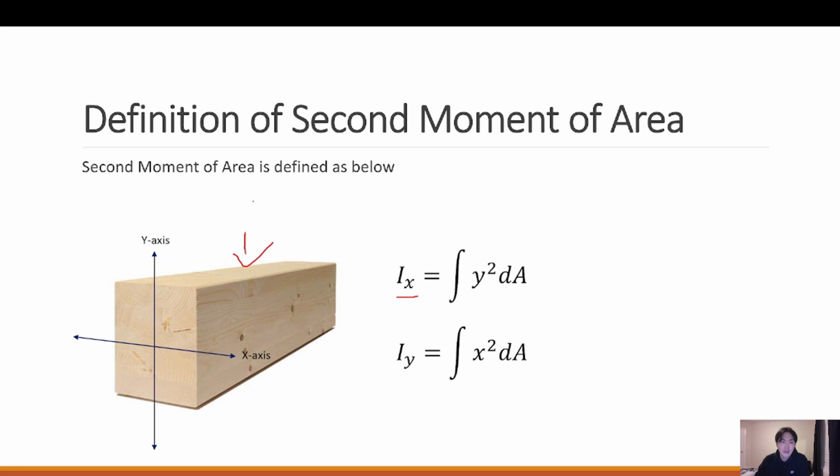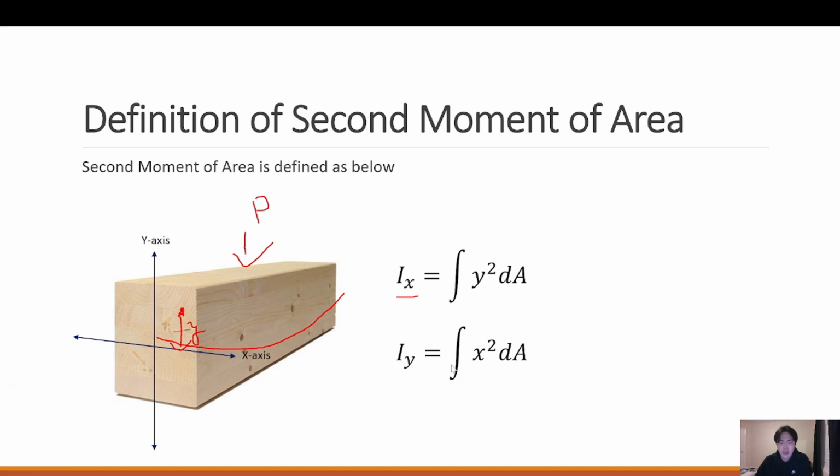Like if the load is applied at the top of the beam, this beam is bent about the x-axis. And y is distance from centroid to a segment of the section, and dA is area of the small segment.